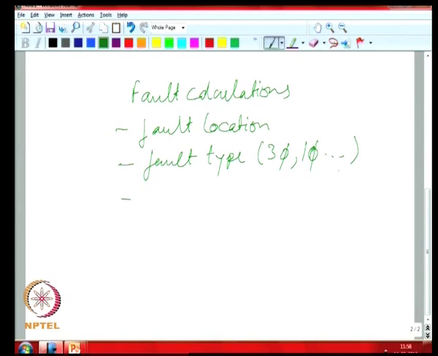Then fault levels. So, to do these calculations, the analysis tool that is used is what you would have studied in a power systems analysis course.